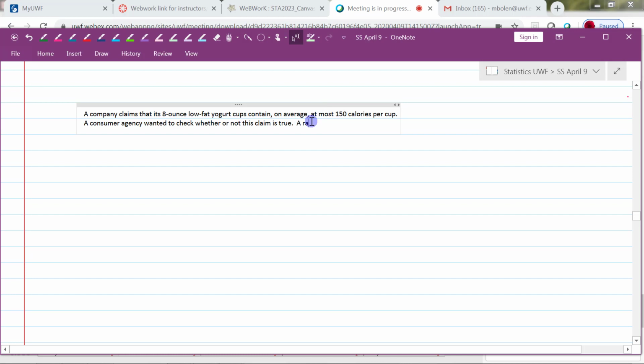A random sample of 10 such cups produced the following data on calories. Okay, here we go.